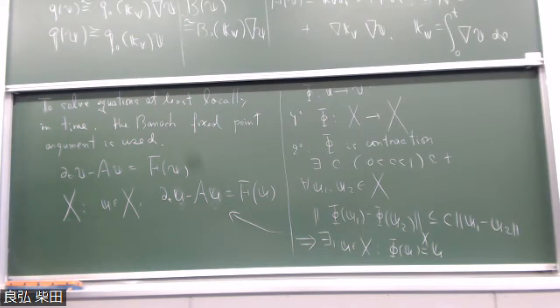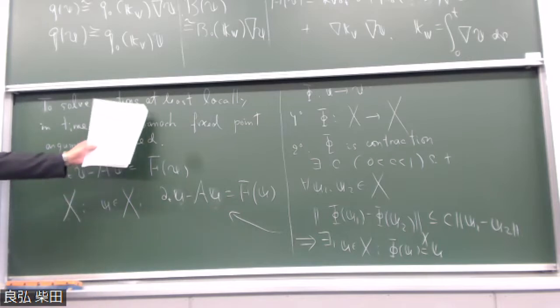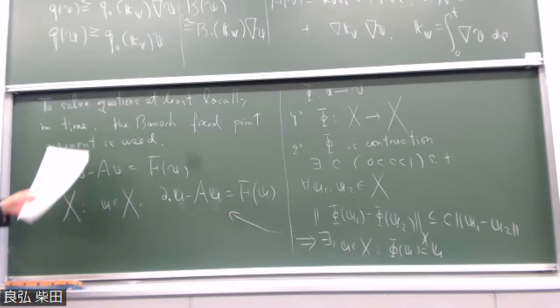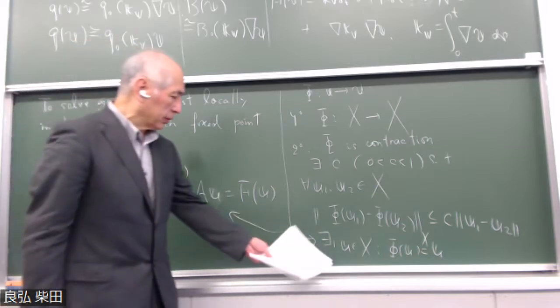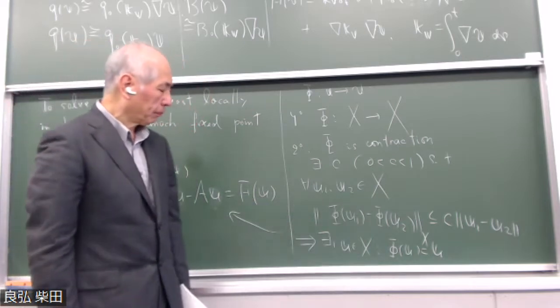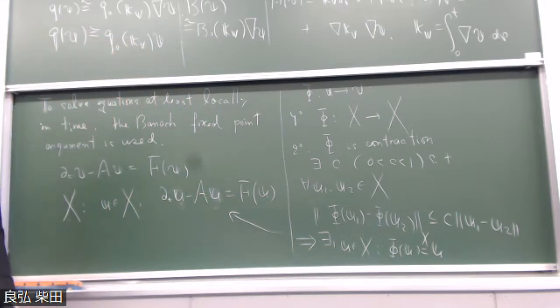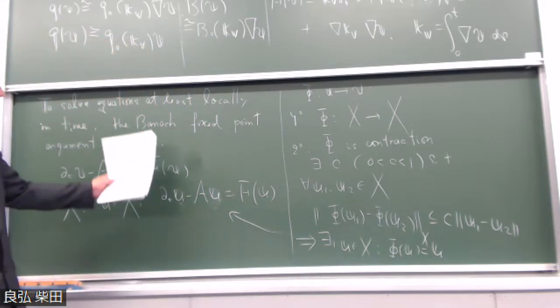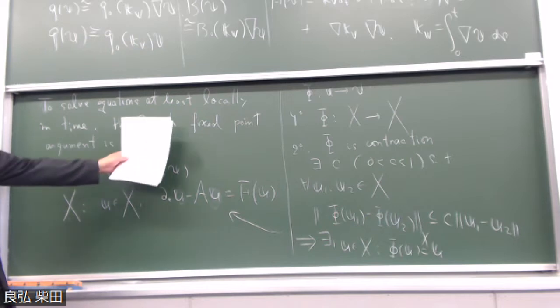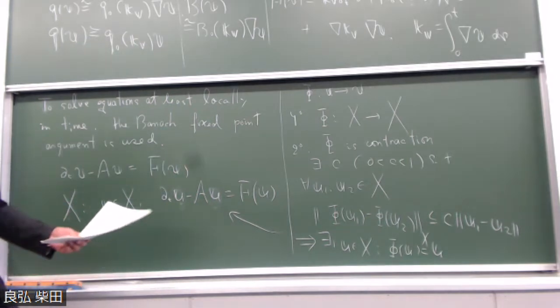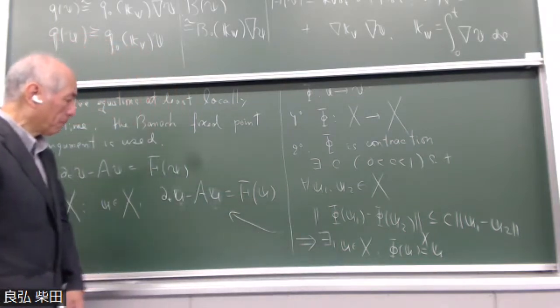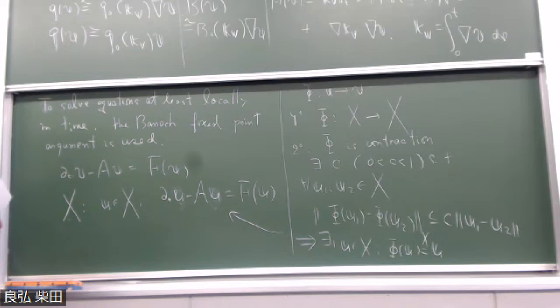This is a very classical argument, but one of the standard arguments, at least to prove the local in time unique existence of solutions. And the uniqueness is guaranteed by the uniqueness of the fixed point. Therefore, whenever you use the Banach fixed point argument, the uniqueness automatically follows.